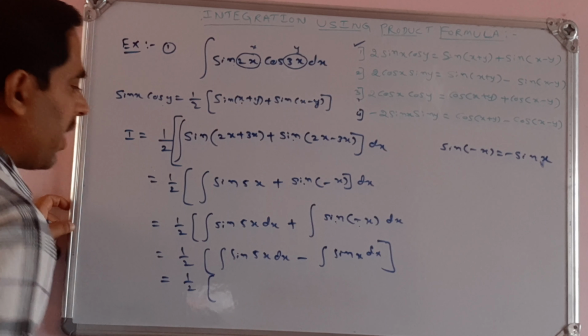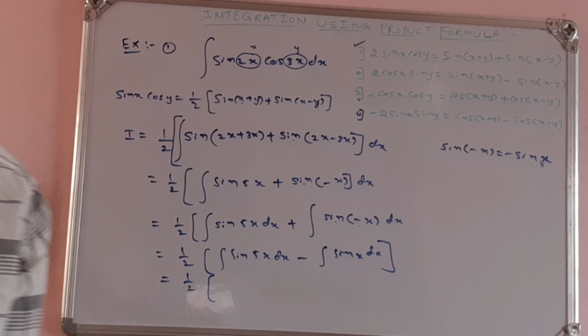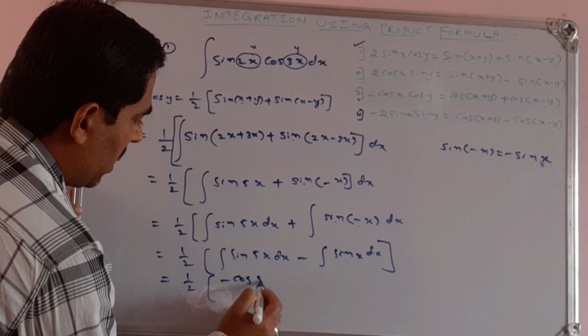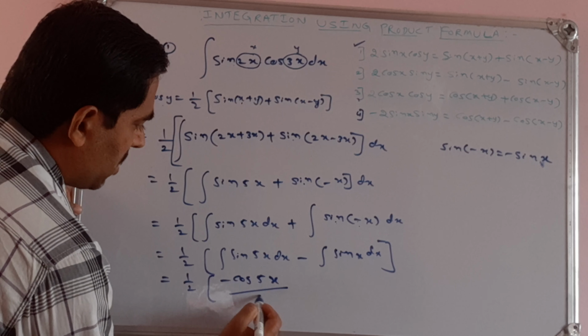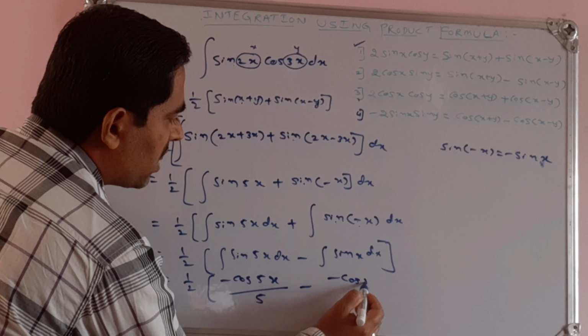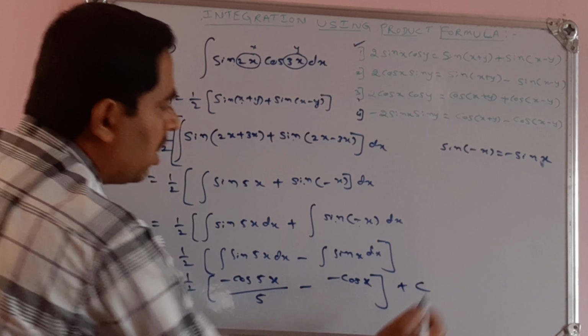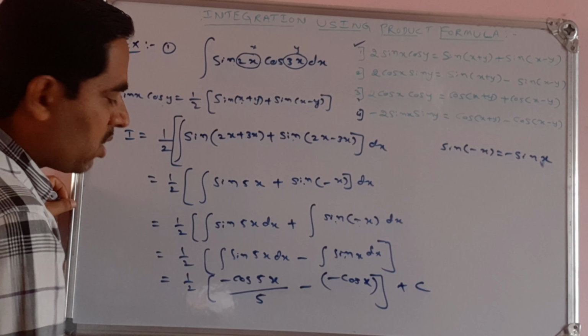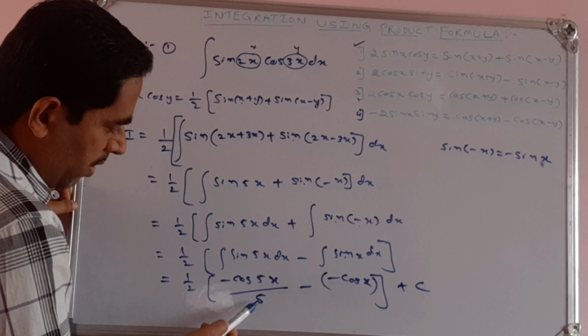So the integral of sin 5x: I can use the formula. The integral of sin x is minus cos x. The integral of sin 5x is minus cos 5x divided by 5, writing the coefficient of x in the denominator. Then minus the integral of sin x, which is minus cos x, plus the constant of integration.